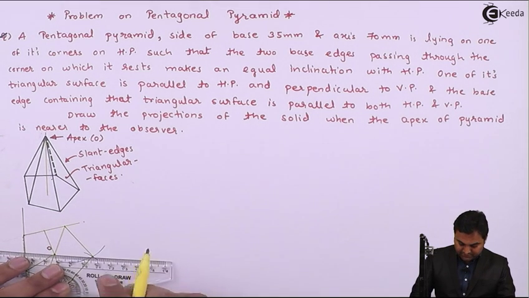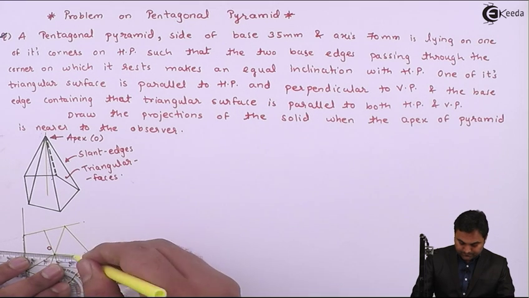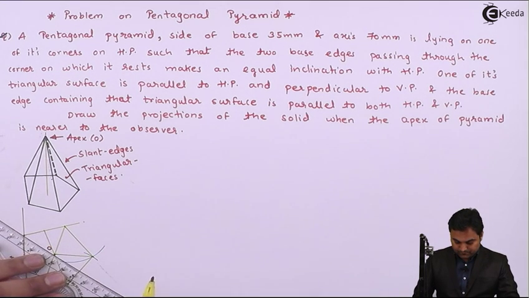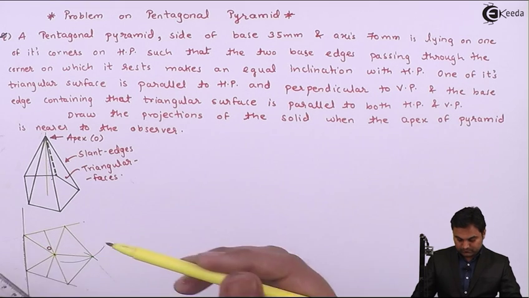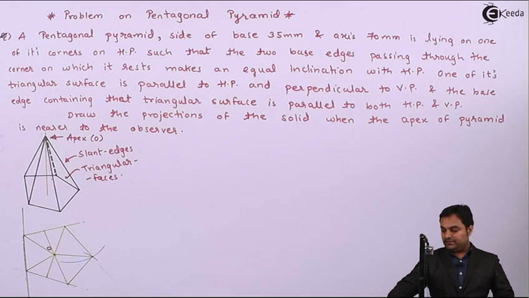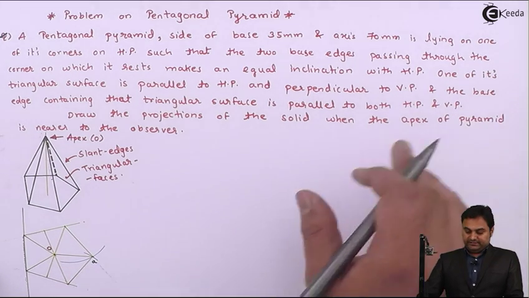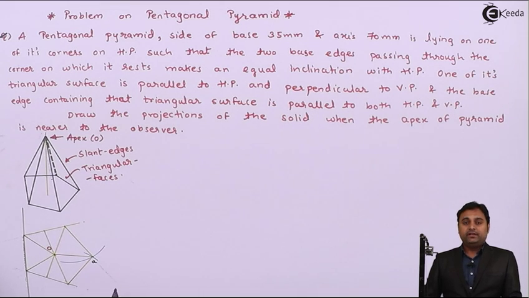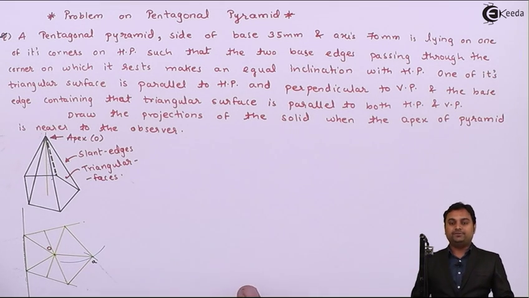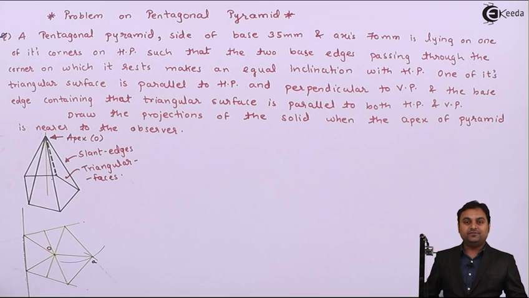Forming the slant edges. So here if we see this pentagonal pyramid, it is resting on its corner. I'll give it as corner A. So as per the given condition, we have to draw the pentagon in this way, that is, it should rest on this corner. So with this we can start with the solution part.